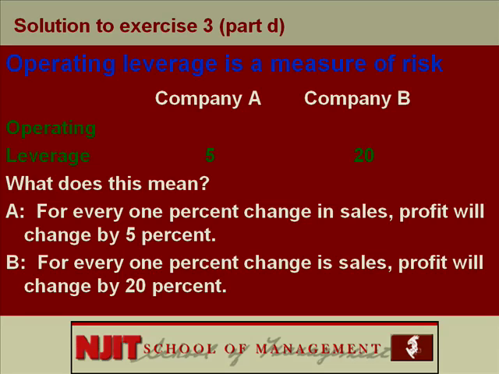If a person is conservative, you go with company A. But if you are a risk taker, you go with company B. So it just depends on what type of person you are. So let's go to part D proper. Let's figure it out.